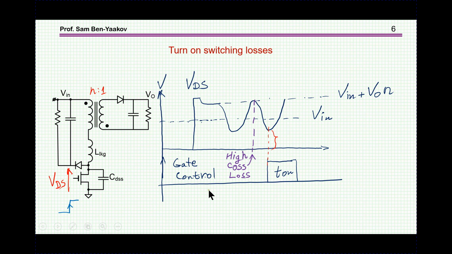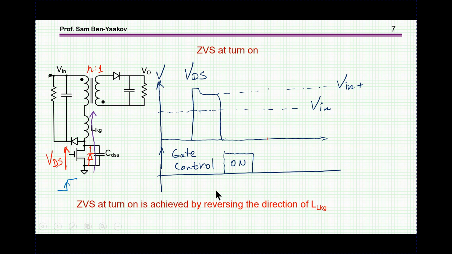So we would like somehow to avoid this situation, and one way to do it is to design the circuit such that it will have zero voltage switching. And here is just the concept. We'll go into it a little bit later in more detail.